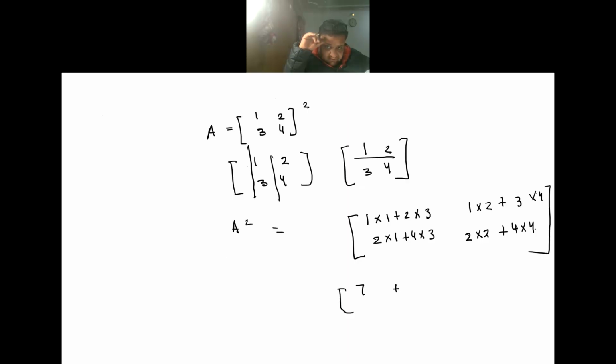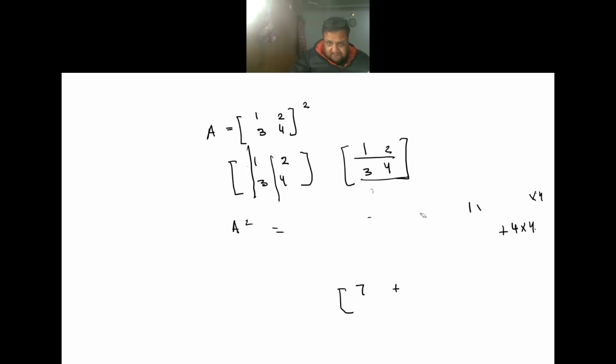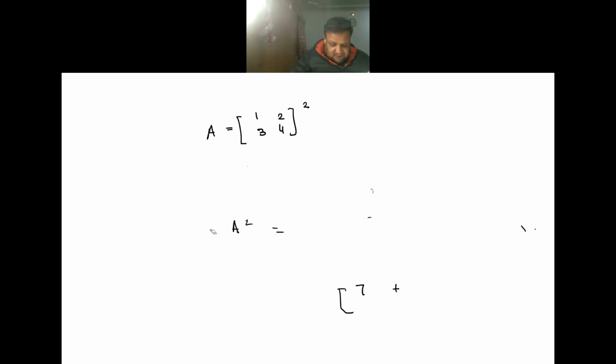The first value I've done is 1 into 1 plus 2 into 3, that is correct. So that is giving me a 7 value. Now the second column, first row and second column here. Just a second, let me see what I'm doing. Okay, so I have to expand this.